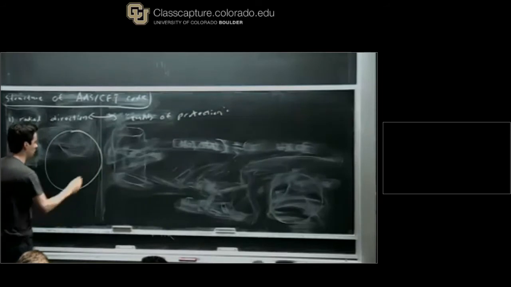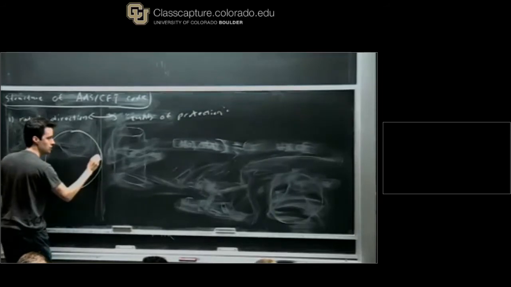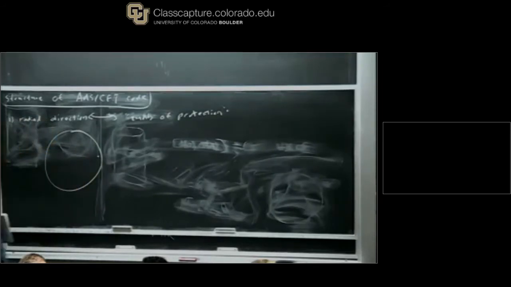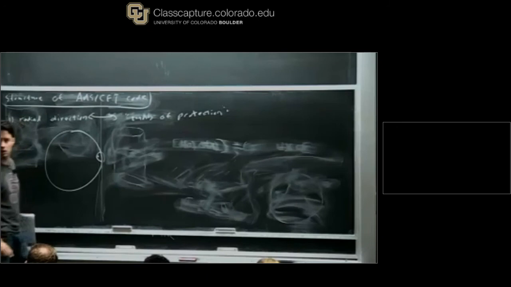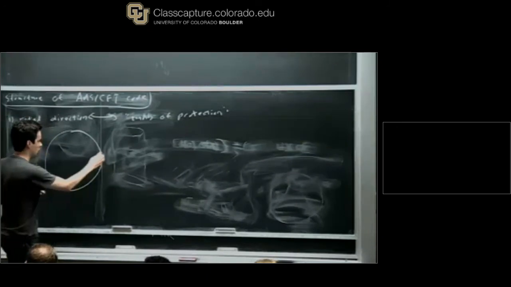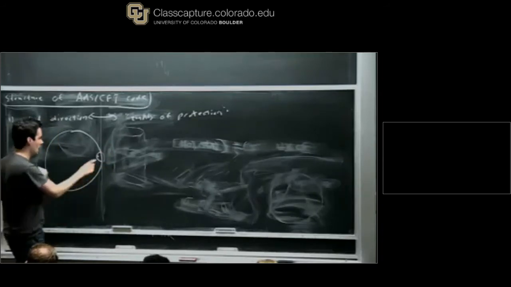So say I have some bulk degrees of freedom, some bulk operator sitting here, okay? And I at the boundary want to somehow screw up that operator. I want to flip one of its eigenvalues or something. Well, by using the Rindler reconstruction, you see that I can represent this operator just on this tiny little region here, which means that by doing things in the CFT which don't require very much non-locality, I can affect this thing.